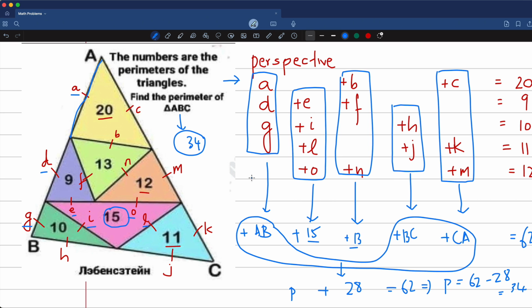B being part of the yellow triangle and the green triangle. And therefore being able to connect them out. It's like I've created the perspectives here visually as either a row or a column. The column adds up to one thing, the row adds up to one thing. And if you do it in this fashion, it's a very, very clean, neat, structured approach, which is exactly what you want in problem solving.